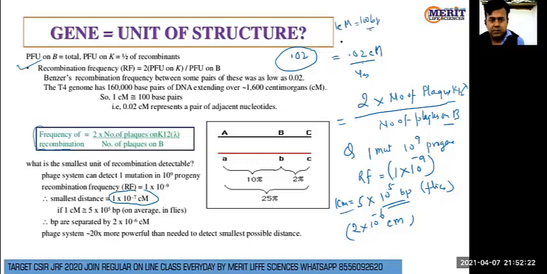So these are the specific information you should have, right? Because 1 centimorgan is 100 base pair, and 0.02 centimorgan means how much base pair? They can ask you. 0.02 centimorgan means how much base pair? Convert.